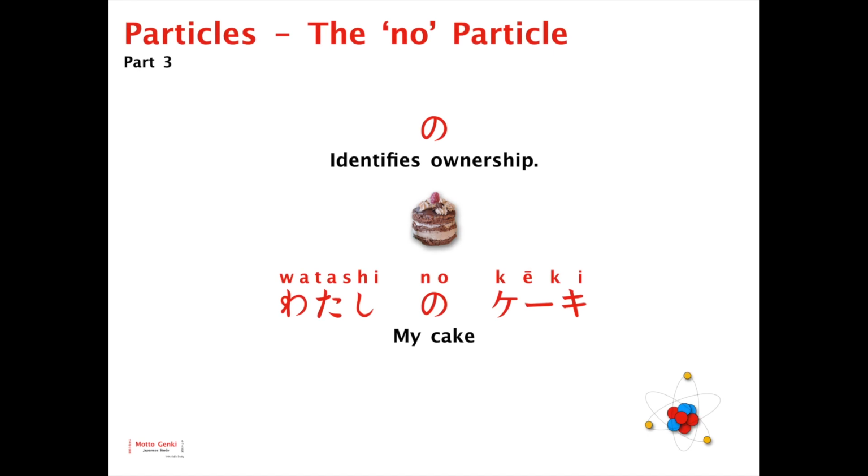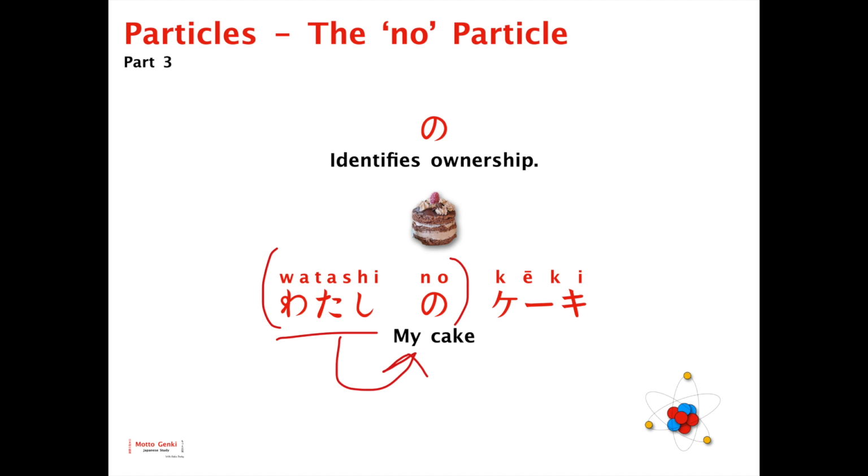Right. So no can also identify ownership. So in English, we would say, for example, Robin's cake or his friend. This is the same for no. So watashi no keiki, my cake. So in this one, watashi no becomes my.